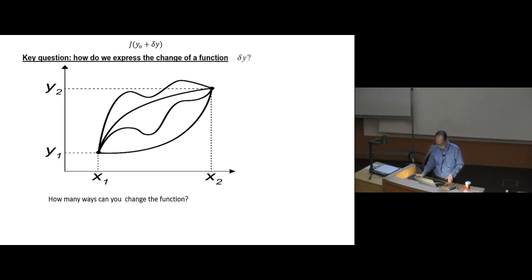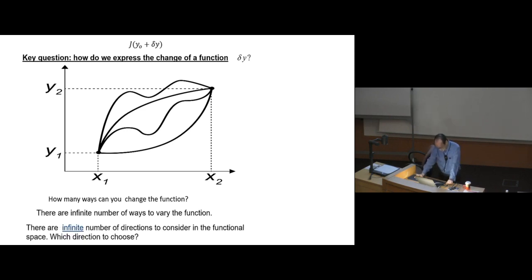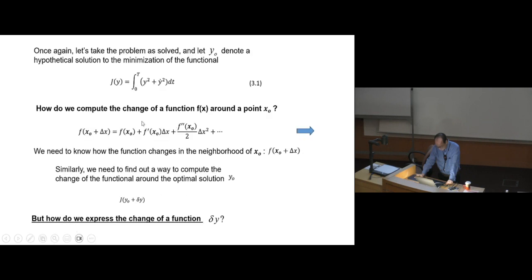Remember, in a scalar function there is only one way. Because this is a scalar, you can only change by a value in one direction, and we use delta x to indicate the size of that change, but there is only one way.